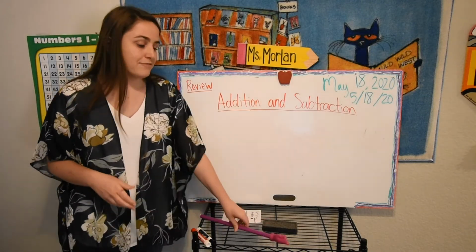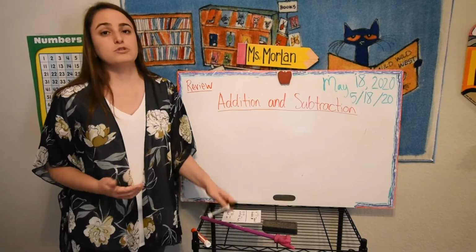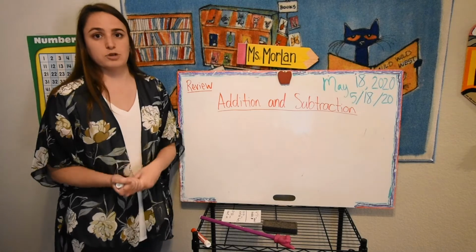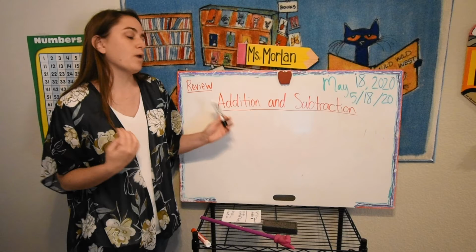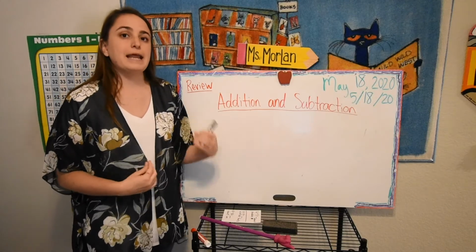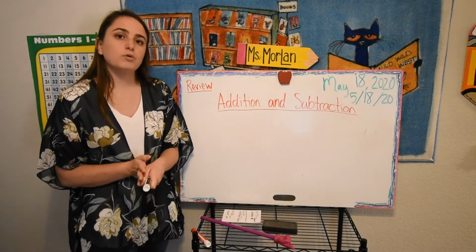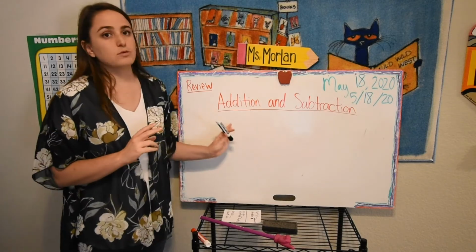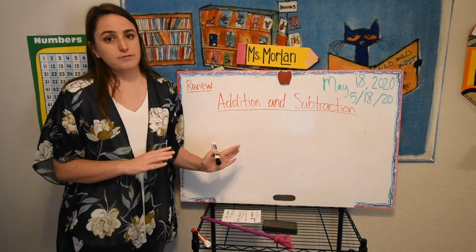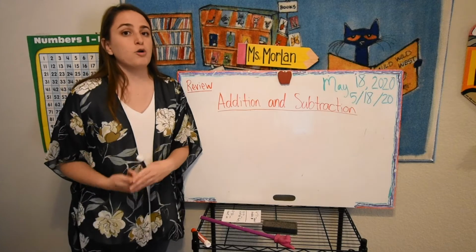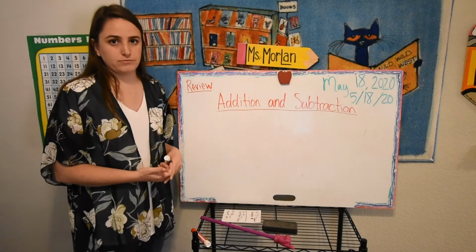Now, throughout the year, I've taught you a variety of different strategies you can use to solve addition and subtraction problems. Okay, so what I'm going to do right now is I'm going to write a few problems on the board, and I would like for you to solve them with me. So at home, if you have your whiteboard, please write the problem that I'm going to write down, and then you can pause the video, try to solve it on your own first, and then continue the video to see how I solved it.